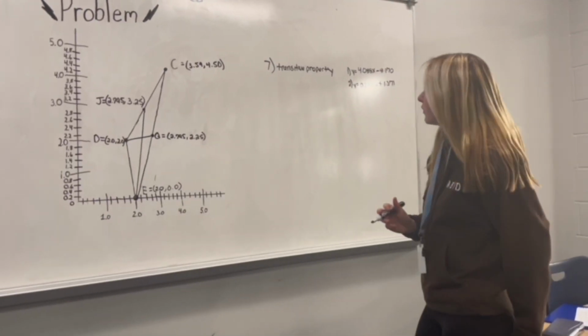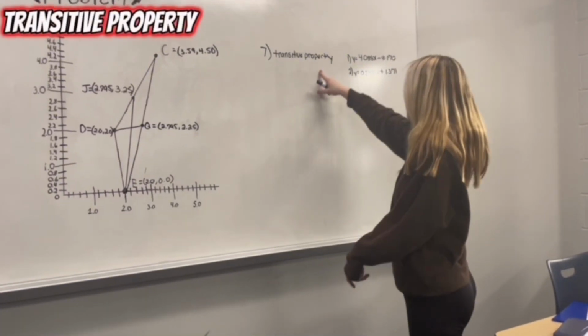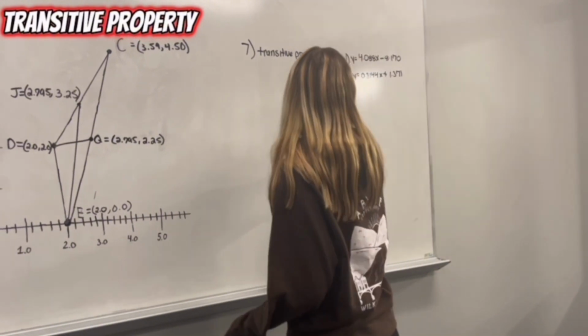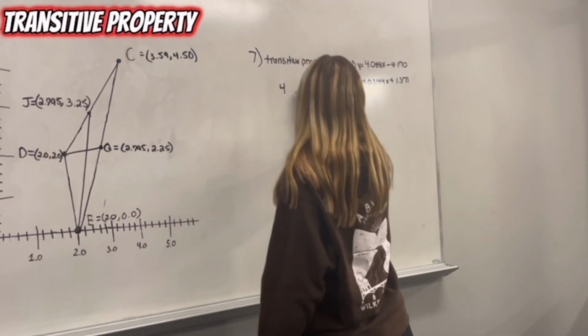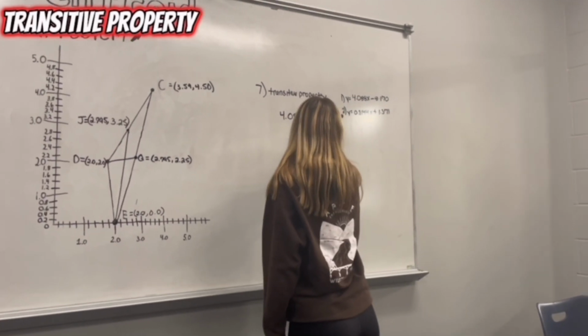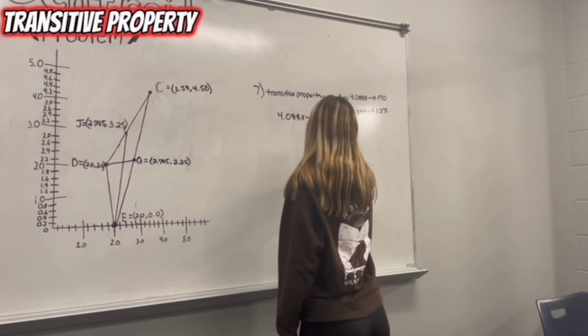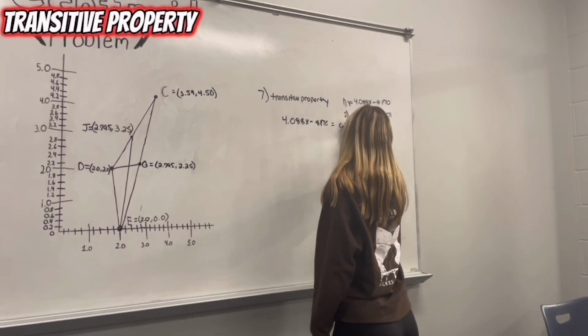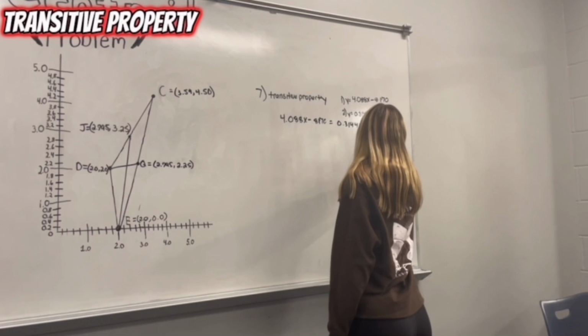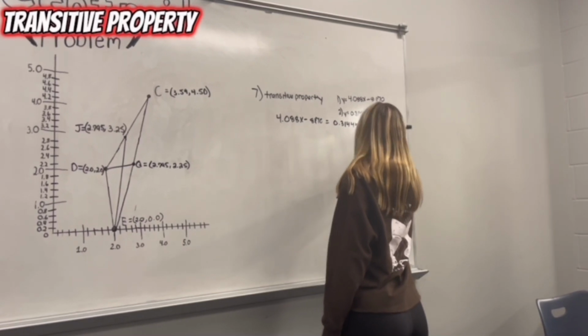So our next step, step 7, we use the transitive property and set our two equations equal to each other, since they both equal y. We did that by setting 4.088x minus 8.170 equal to 0.3144x plus 1.371.